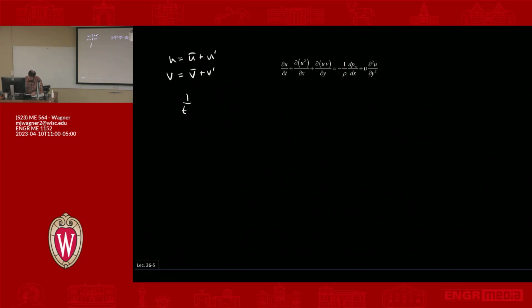So it's 1 over t int times the integral from 0 to t int of this whole thing. So there's a big integral here. Follow with me.